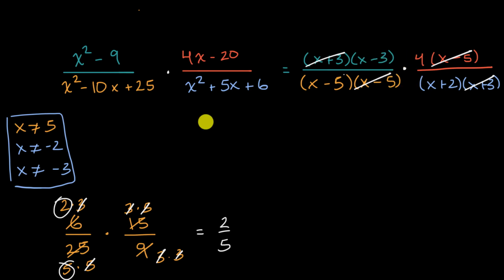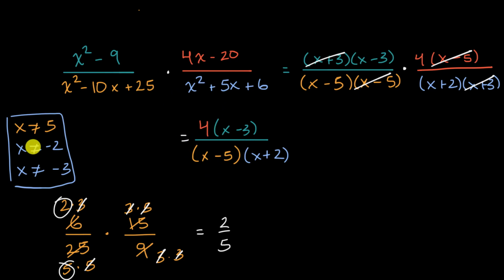When we multiply the numerators, we are going to get 4 times x minus 3 over, we have an x minus 5 here, and then we have an x plus 2. We could leave it like this if you want. In some cases, people like to multiply the things out, but we're done. We've just finished multiplying these rational expressions.